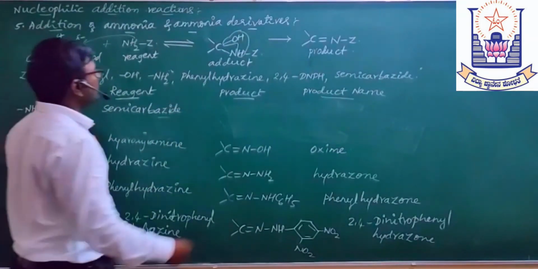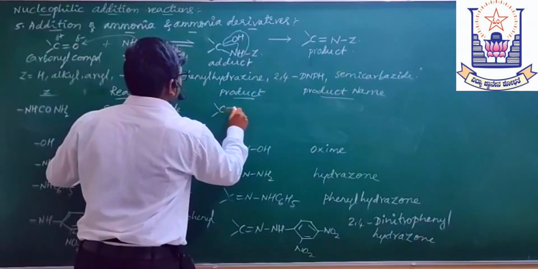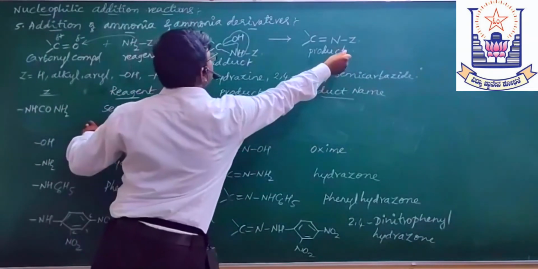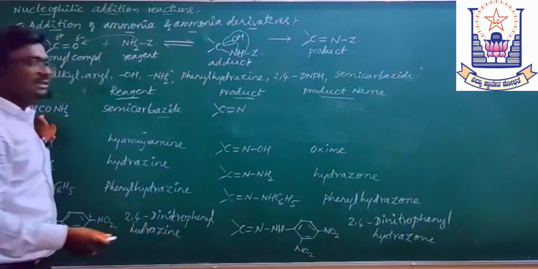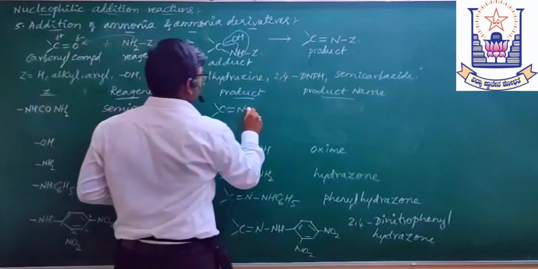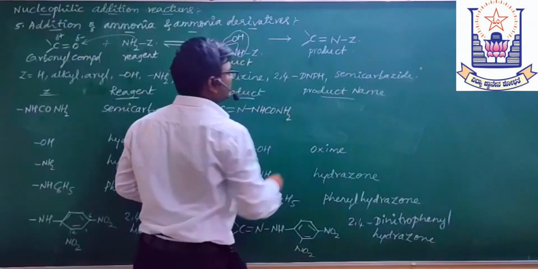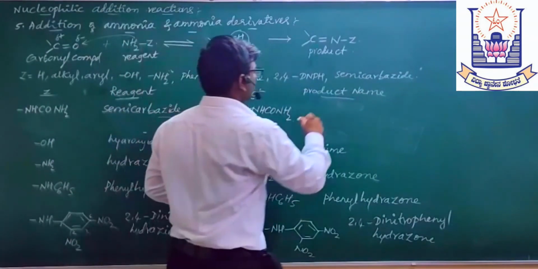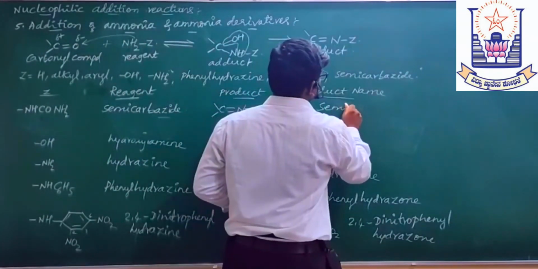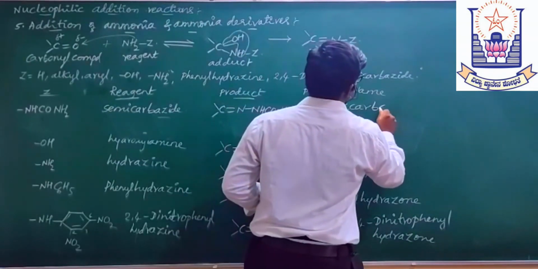The product will be C double bond N; just replace that Z with this, NH CONH2. This is called semicarbazone. The product is called semicarbazone.